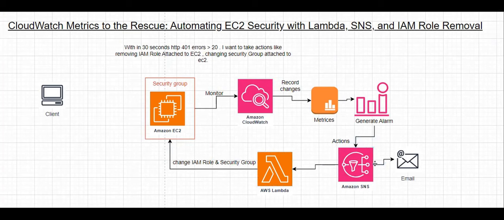To generate the alarm, we use CloudWatch alarms, and CloudWatch metrics to store the CloudWatch-related metrics, and we use CloudWatch log groups to store the actual logs. So in order to get the logs from our server, first we need to install the CloudWatch agent into our EC2 instance.